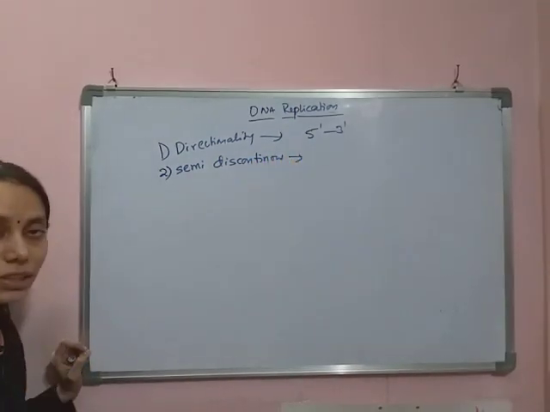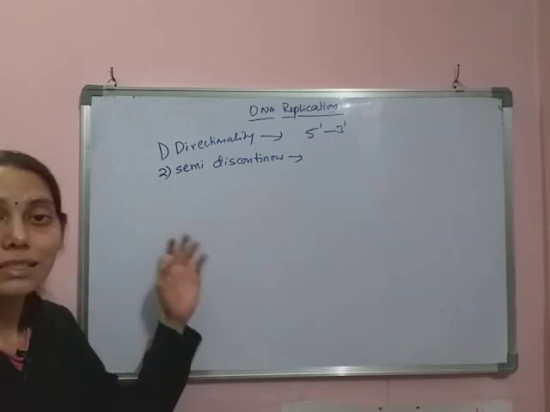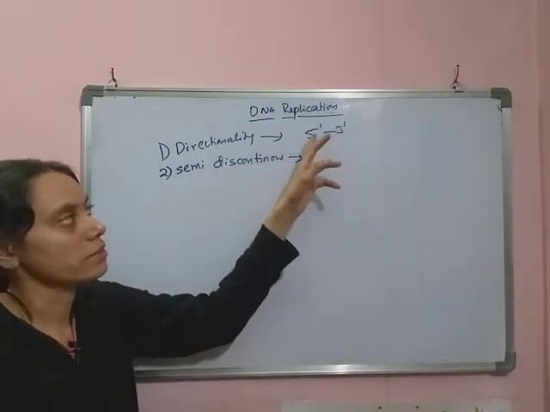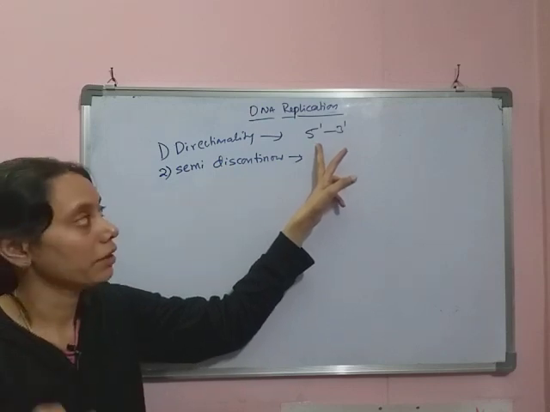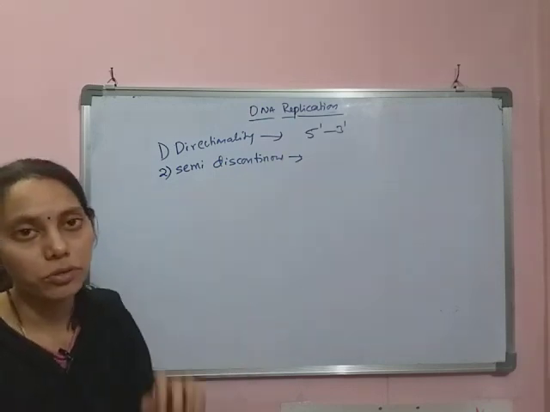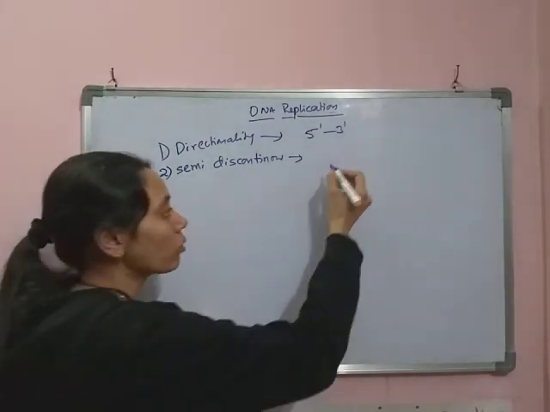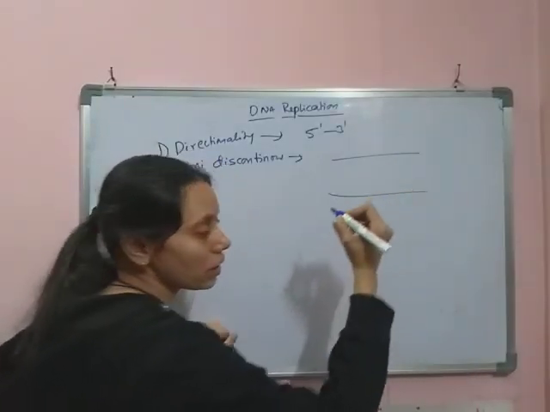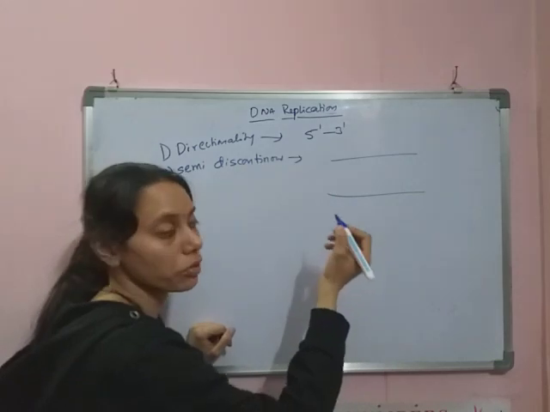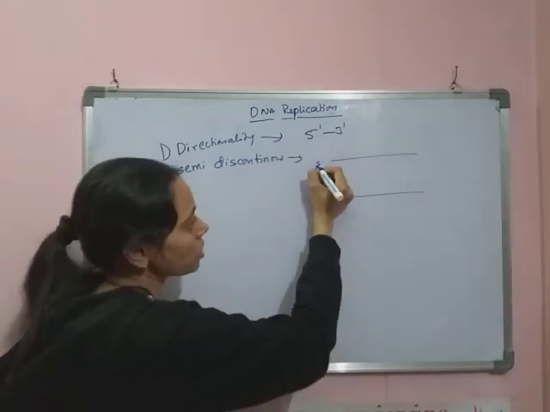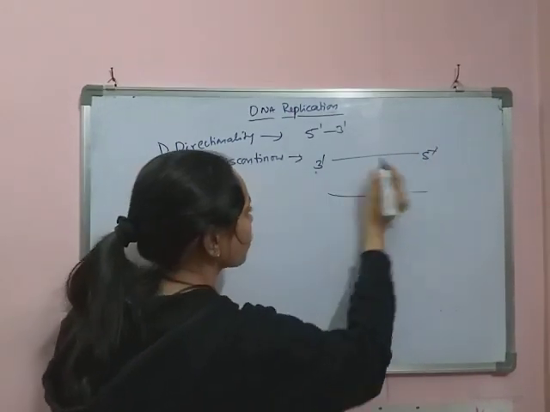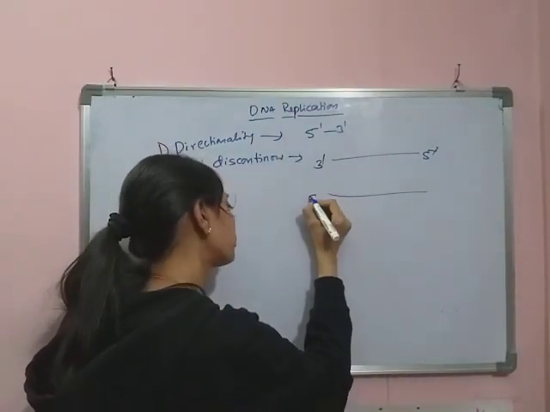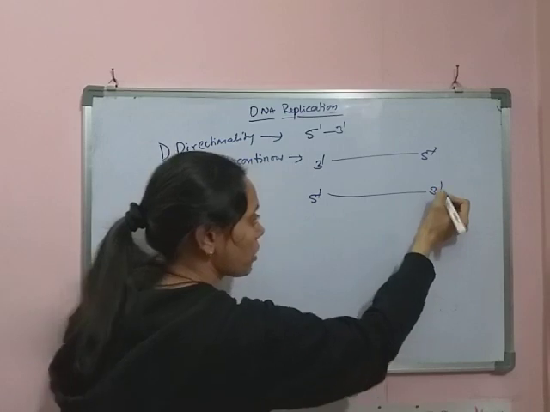As we already discussed, there is a directionality for DNA synthesis: nucleotides are added only in the 5' to 3' direction. But the two strands of the DNA are in opposite orientations, anti-parallel to each other. One is in the 3' to 5' direction, and the other is in the 5' to 3' direction.